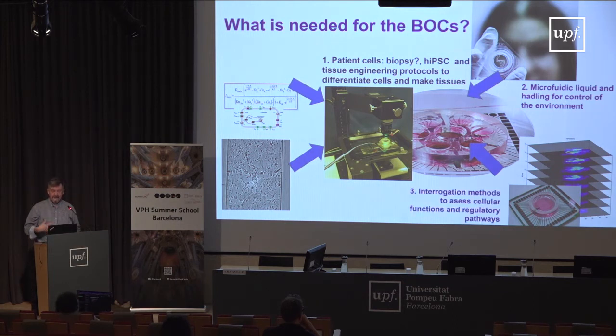Then we have methods to analyze the cells. Whatever your aim, whether you're looking at cardiomyocytes or neural cells, you look at electrophysiology, maybe the mechanics, gene profiling, calcium analysis, whatever, you need tools for that. And of course we need the materials where the cells grow.